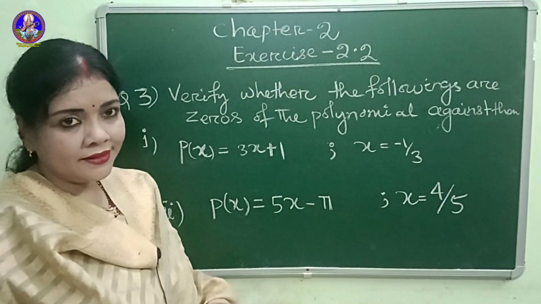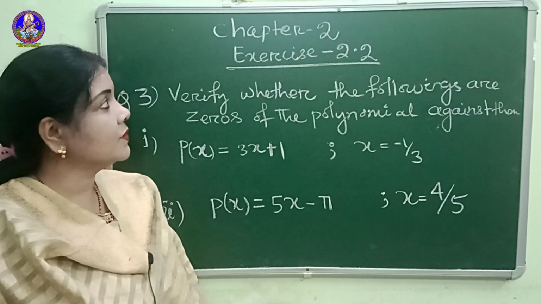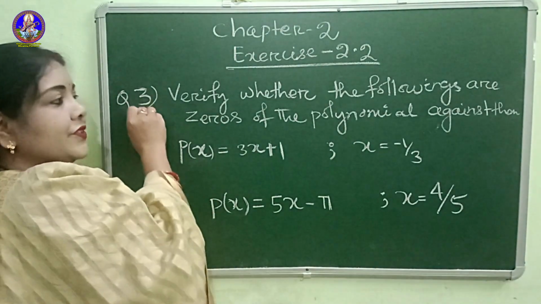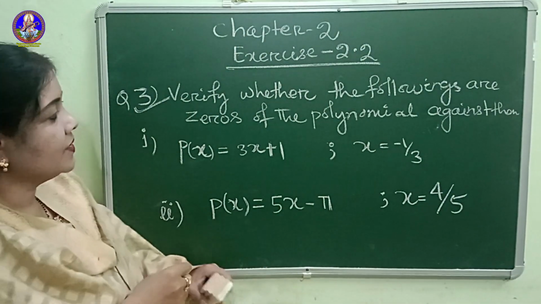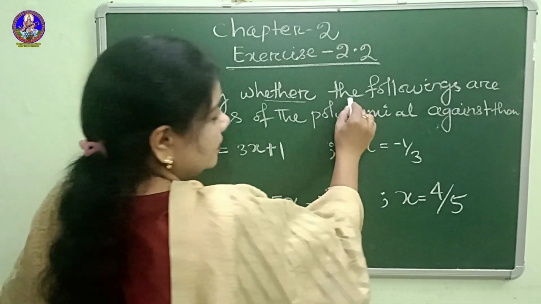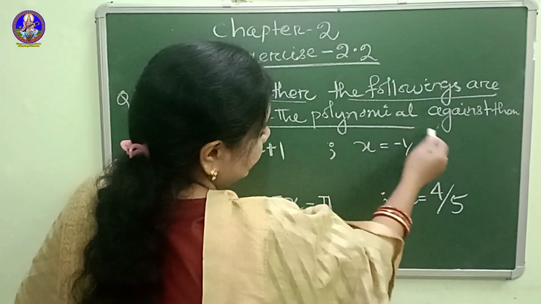Now after the discussion of zero of a polynomial, let us solve these questions from your chapter 2, exercise 2.2, question number 3 from your textbook. The question says: verify whether the following are zeros of the polynomial against them.